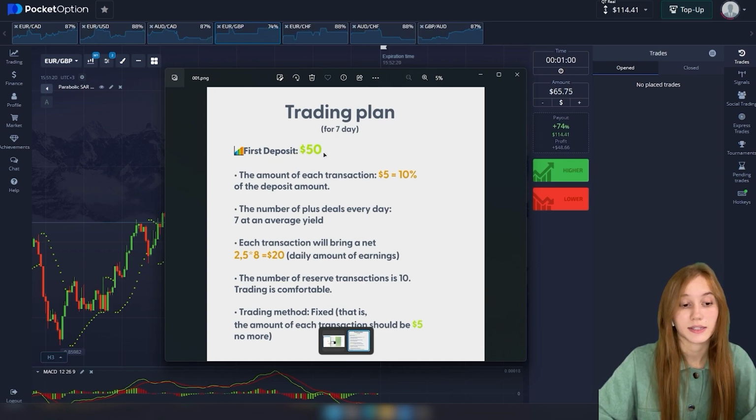So I repeat, this depends on your at least initial deposits. If you want to understand more, like only the first deposit amount of the total deposit should not be $50, it should be in bigger amounts. And by that you'll increase your balance.